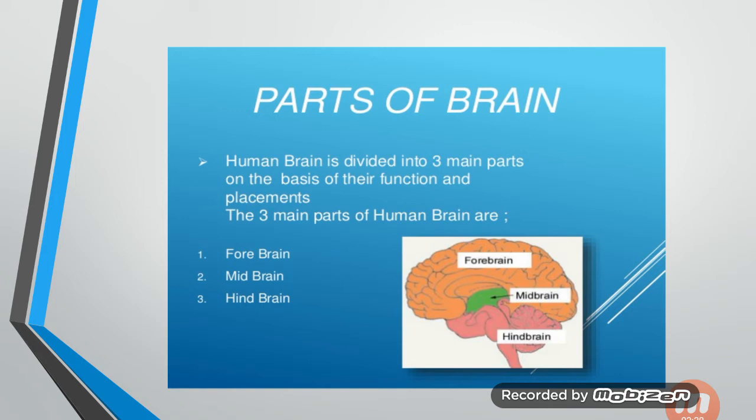Forebrain is the major part of your brain, which has been shown here with the orange color. Then comes the midbrain, which is a small part and is denoted by the green color here. And then comes the hindbrain that will continue up to the spinal cord, and it is shown here with the pink color.